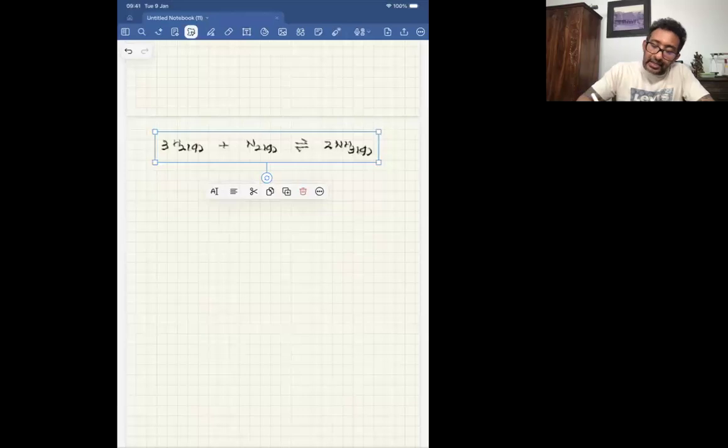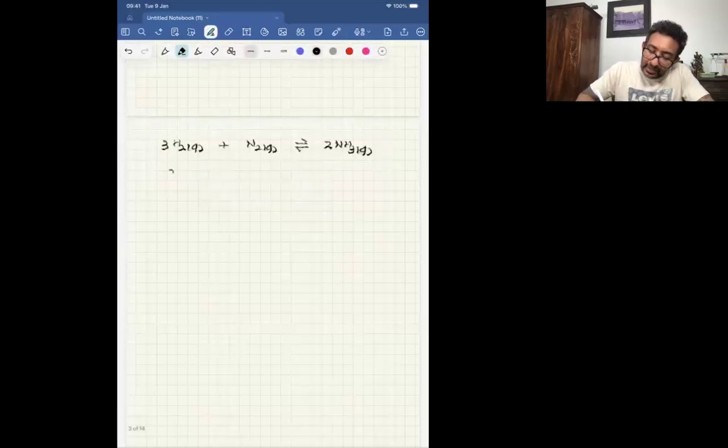So if it is 3 atm here, and this is 1 atm, in the mixture you have 0.4 atm of ammonia. The ratio is 2 to 1, so that means 0.2 atm of nitrogen has reacted. 2 to 3 means 0.2 times 3, so 0.6 atm of hydrogen has reacted.